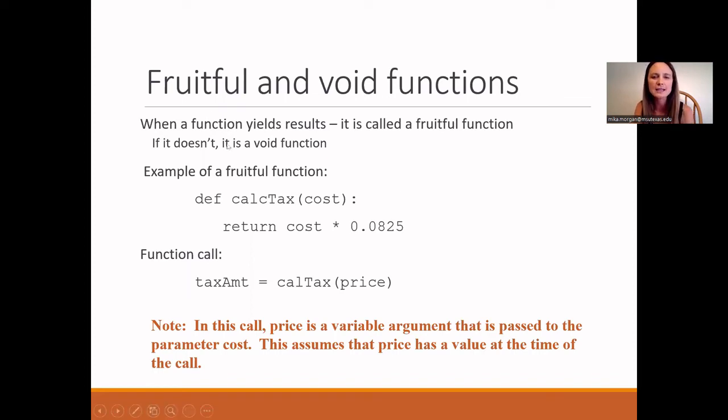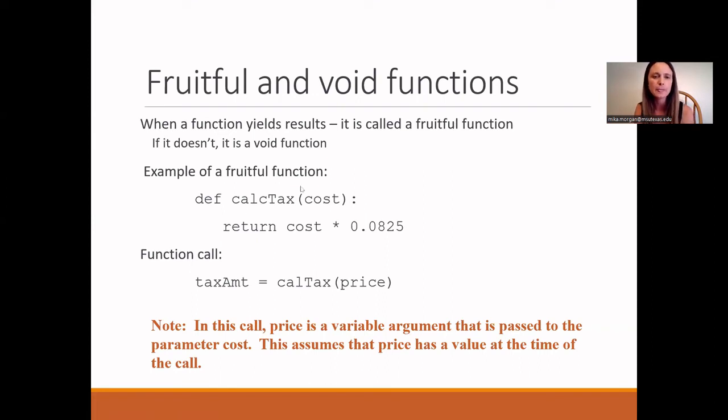So if a function has results, we're going to call that a fruitful function. Sometimes we want a function to follow our instructions, but it's not going to result in an answer that we need to get back, right?